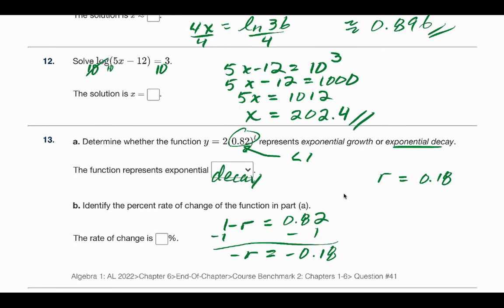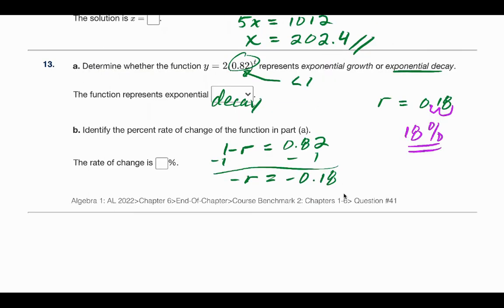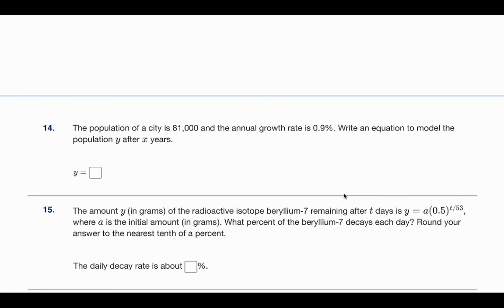Remember, I need it in percent. So to change a decimal to a percent, I start at the decimal, and I move it over two places, so we know that it's going to be 18%. So you just have to put in the 18 now. Okay? We're almost done here, people. Getting closer.